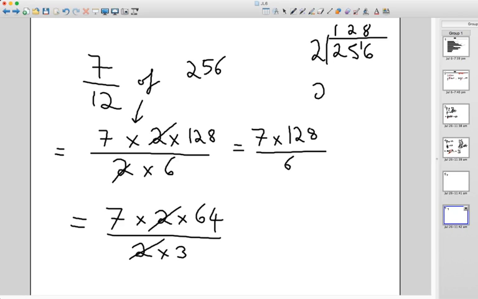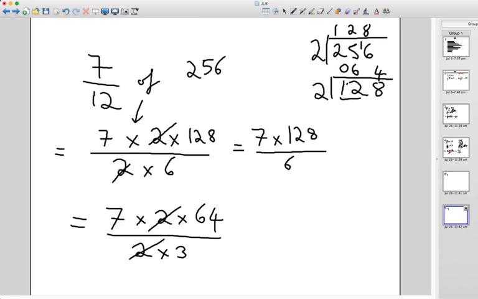Just check that again. 2 into 128. 2 into 1 doesn't go. 2 into 12 goes 6 times. 2 into 8 goes 4 times. 64. And I believe that's as low as it goes because 3 doesn't go into 64. Or does it? No, it doesn't. It does not go into 64.